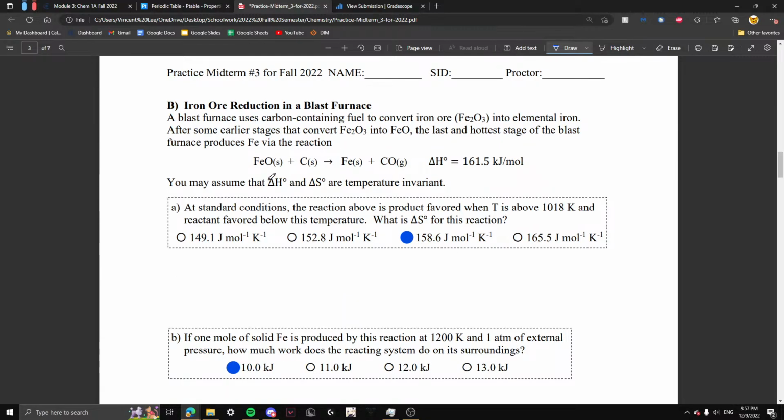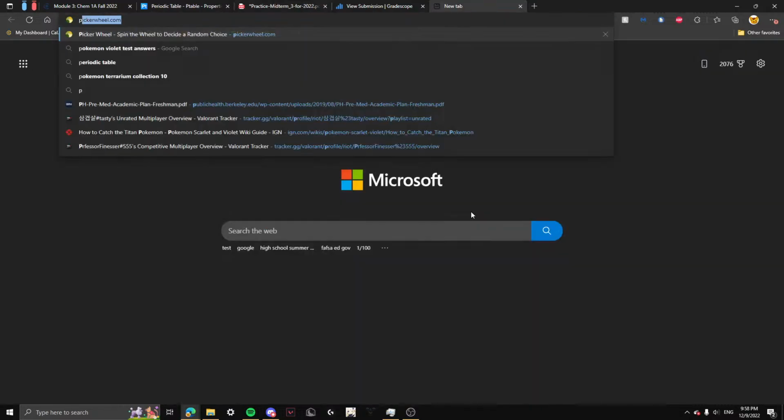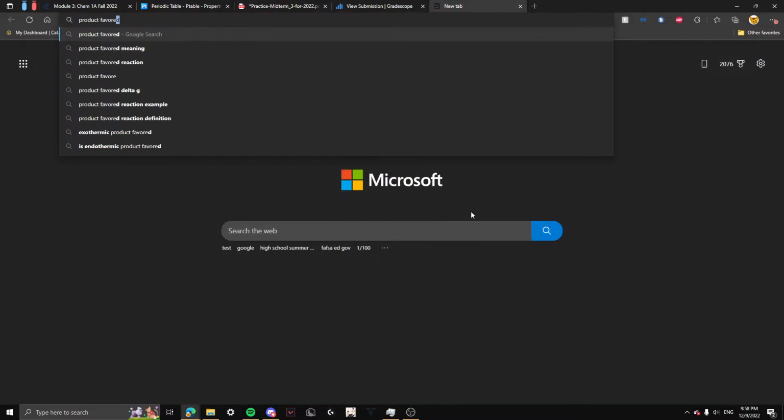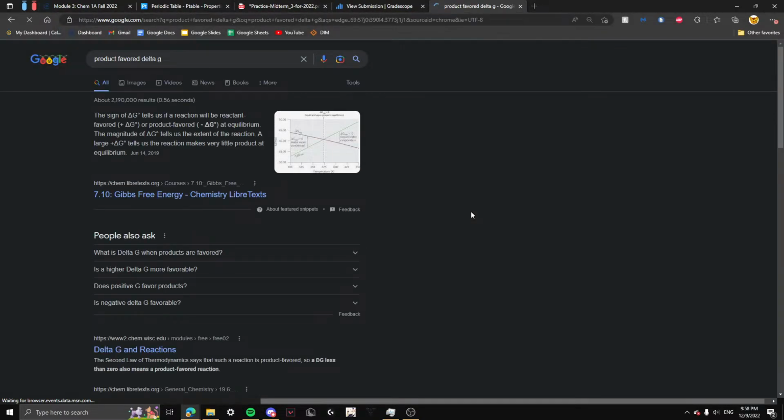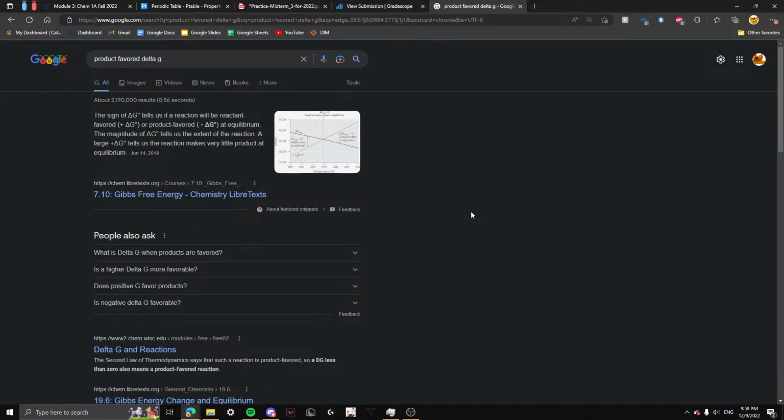So pretty much we just use the formula here for this one, I think. Product favored when T is above 1018K and reactant favored below, which means we know that something is product favored when delta G is, I believe, negative, yeah.